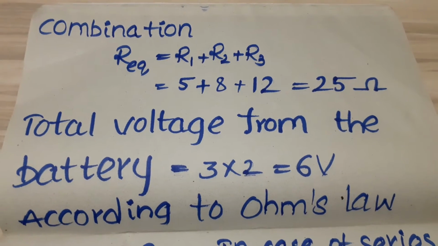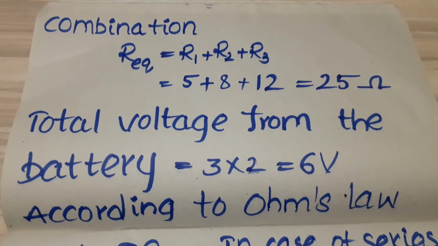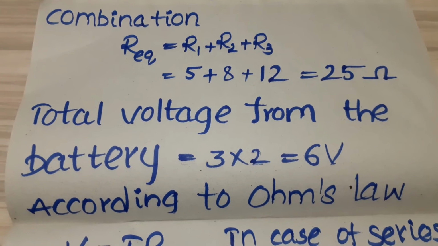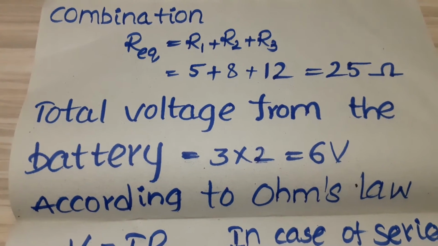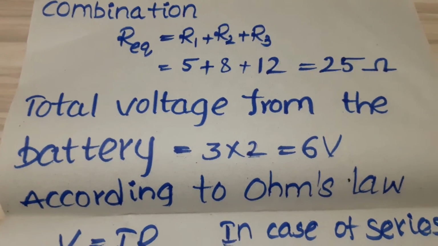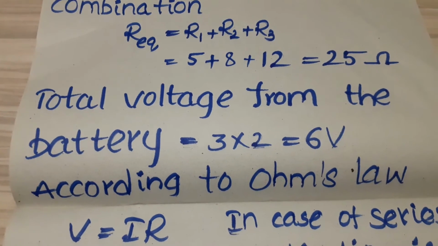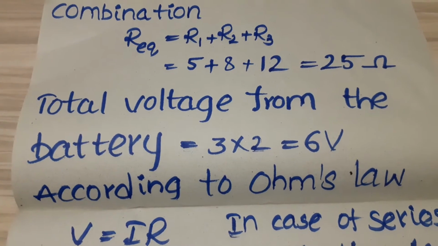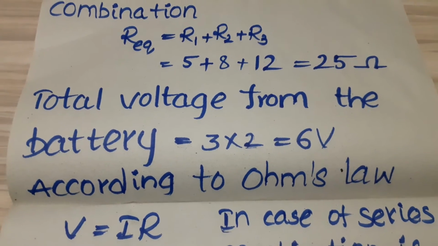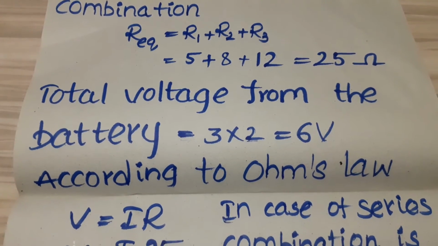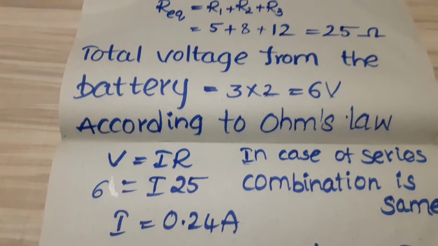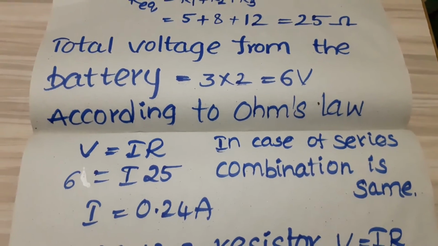Before that, I am going to find the total equivalent resistance in series combination. Its formula is R equivalent equals R1 plus R2 plus R3. There are three resistors, with values 5 ohm plus 8 ohm plus 12 ohm. Total is 25 ohms. This is the total equivalent resistance of this circuit. Next, the total voltage from the battery.